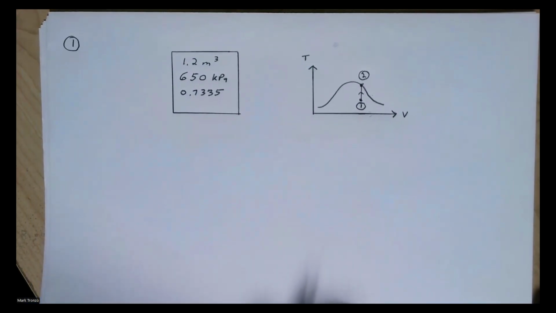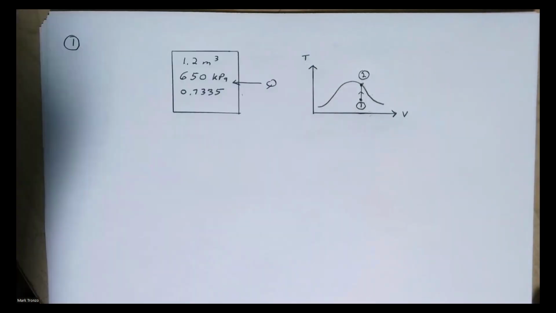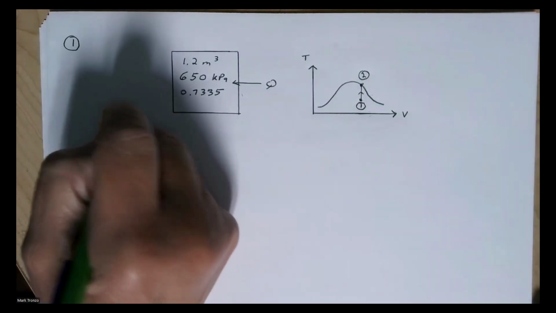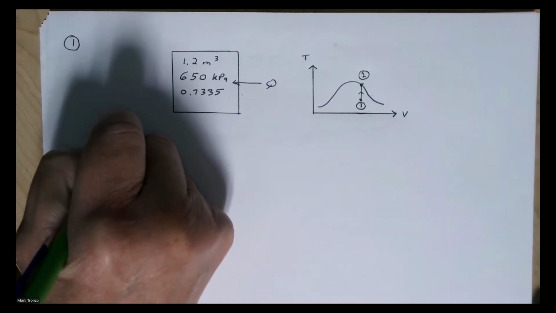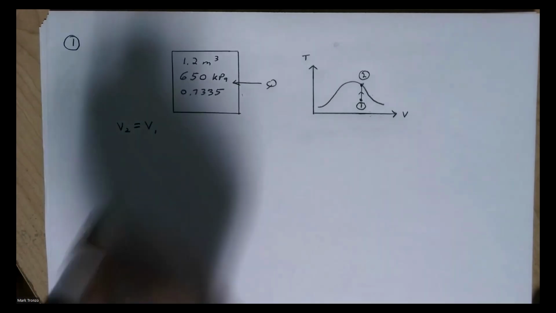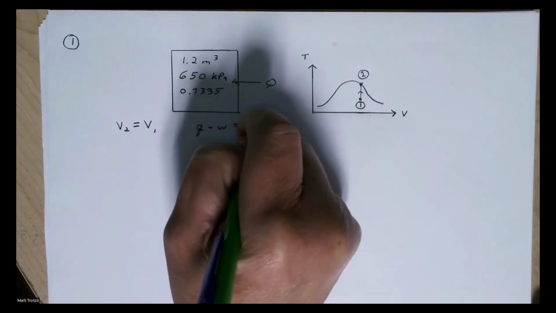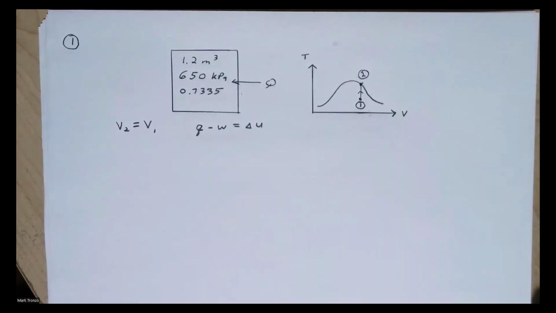So it's always good to start out trying to understand what we're doing, where we're starting, where we're ending. And so heat is going to be added. And again, like I said, we know that V1 is going to be equal to V2. And we also know we're going to use the first law. You can use probably either form. Maybe I'll start with Q minus W is a change in internal energy.